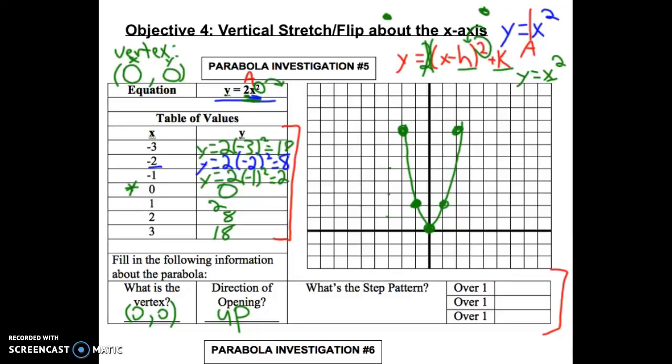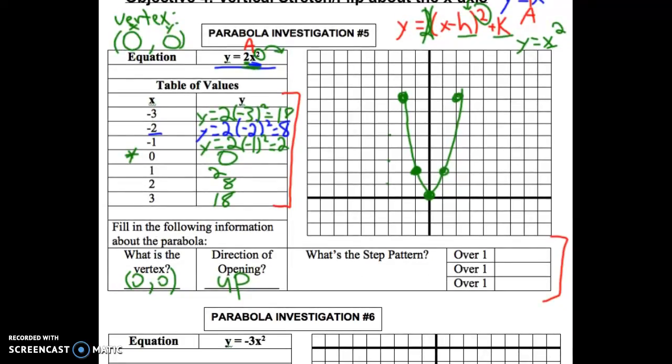So you're going to notice the step pattern. We go from the vertex. Let's draw that now. From the vertex, I go over to the right one, up 2. Same thing, over to the left one, up 2. And then from this dot, over 1, up 1, 2, 3, 4, 5, 6.